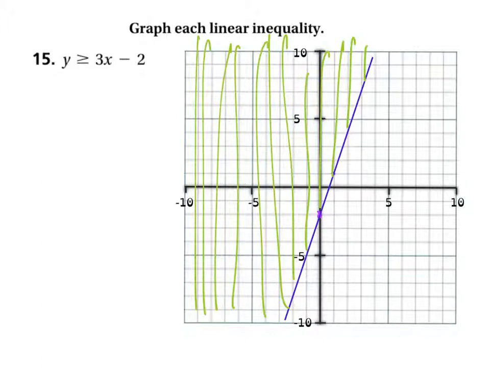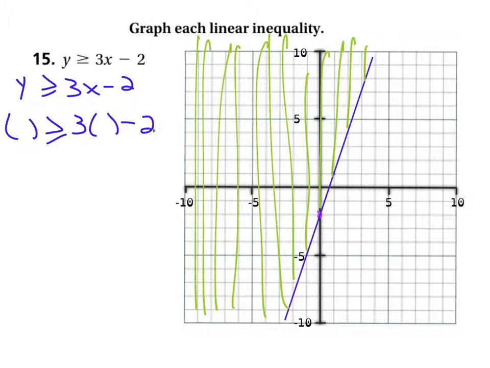So watch what I'll do. Just to test to make sure that I shaded the correct side of it, we will say y is greater than or equal to 3x minus 2, and then put parentheses where the variables are, and put in 0 for x, 0 for y, and then see if we get a true statement.